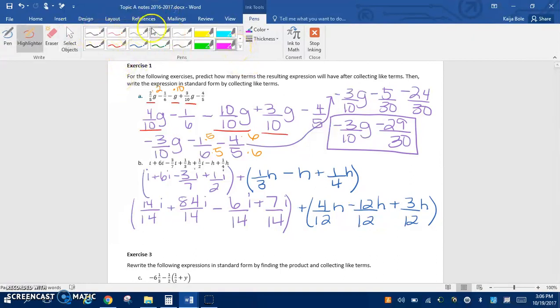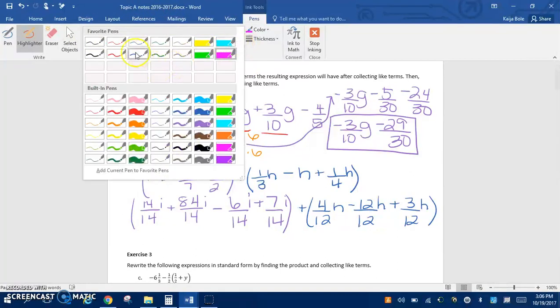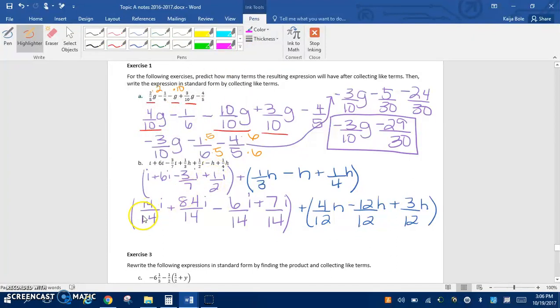So if we look at our I's first, sorry. So we have 14 plus 84, which would give us 98, minus 6 would give us 92, plus 7 would give us 99.